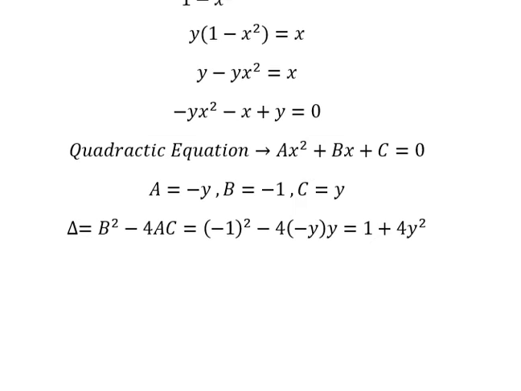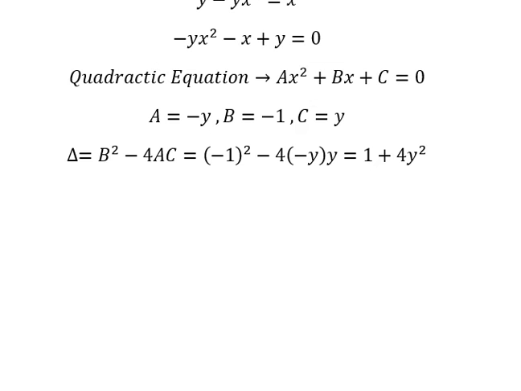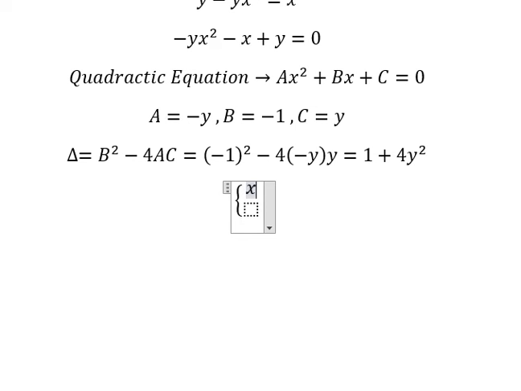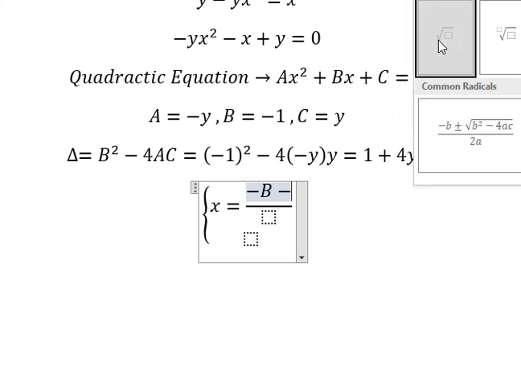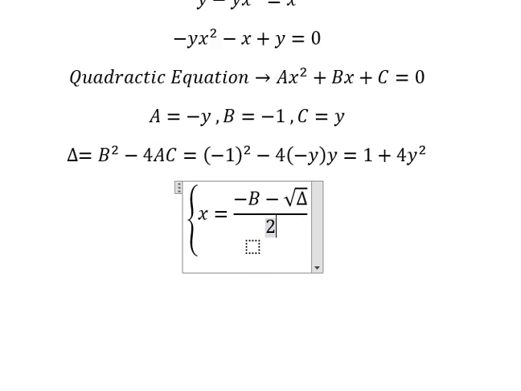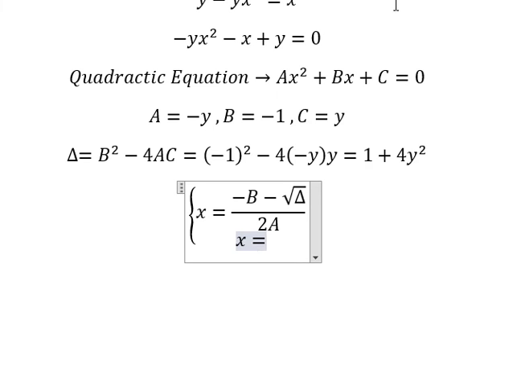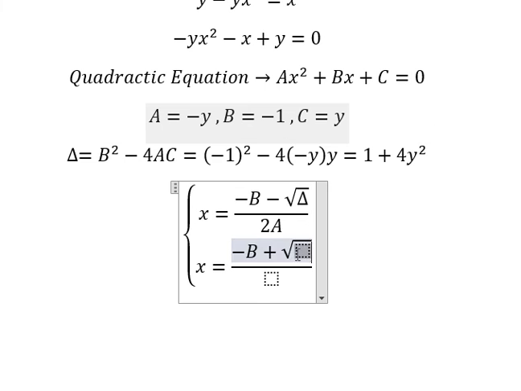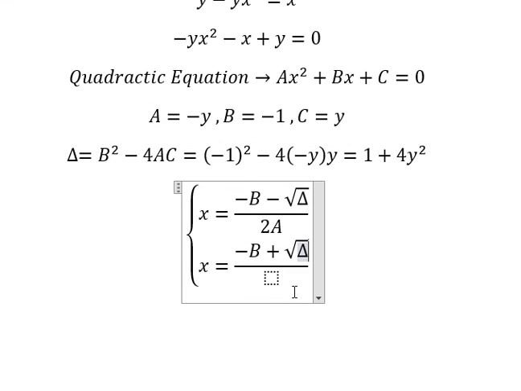And now we can find the value of s. That is negative b minus the square root of delta over 2a. Similar for the second one, negative b plus the square root of delta over 2a.